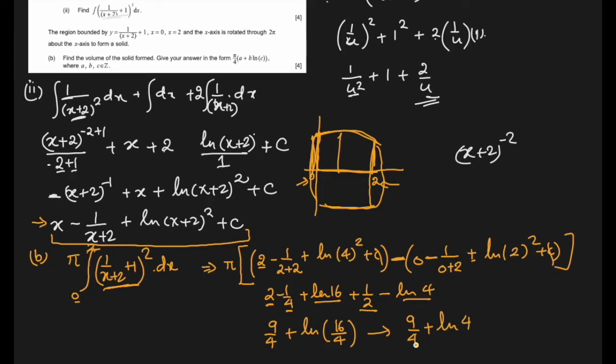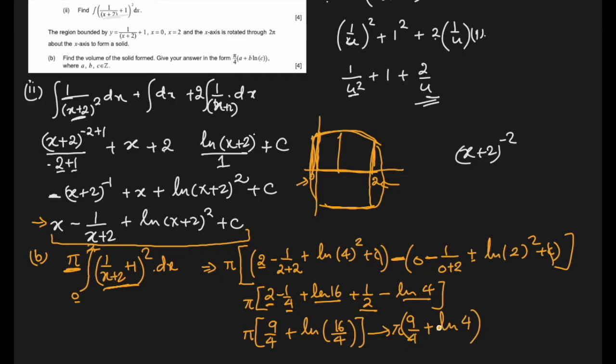This will be the final one, but we ignored this pi till now, so we will write pi here and pi here. And this format does not match because we need this 4 outside.